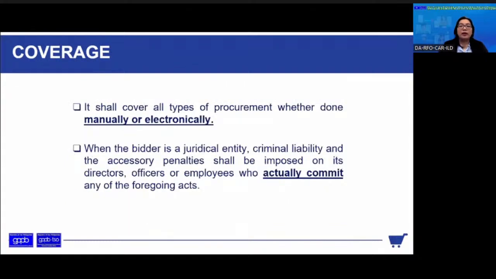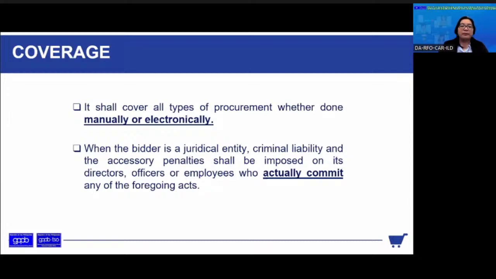And take note that this covers all types of procurement, whether done manually or electronically. Even small value procurement or alternative modes of procurement, and much more when there is a public bidding that is to be conducted.